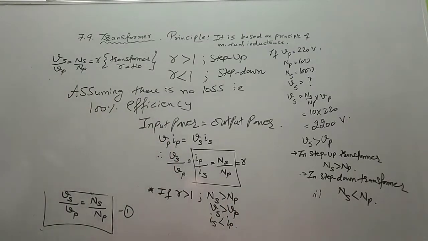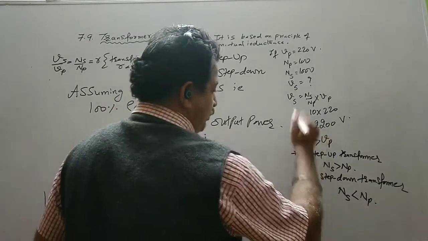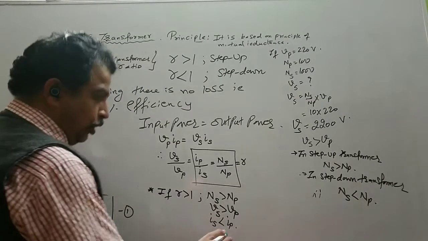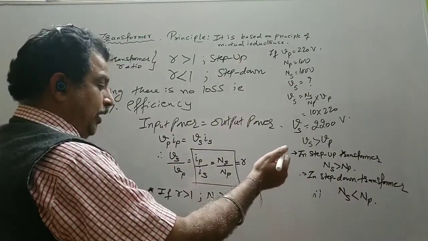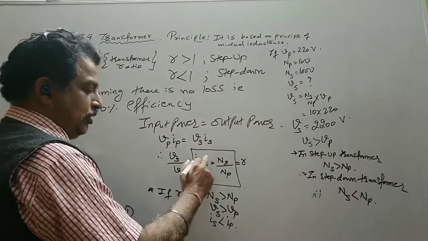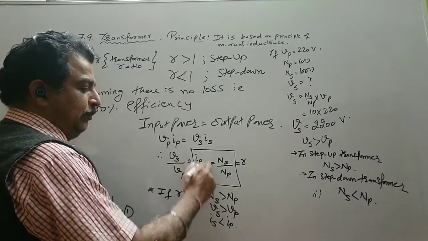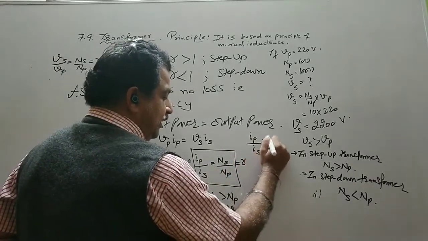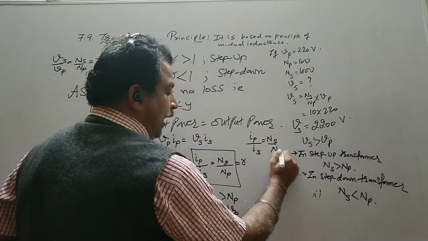Now here Vs has been found. Suppose we have a resistance of the secondary coil also. So I can use Ohm's law and find out the current also if the resistance of the coil is given. If the resistance is not given, then I can make use of this equation, that is Ip upon Is is equal to Ns upon Np.